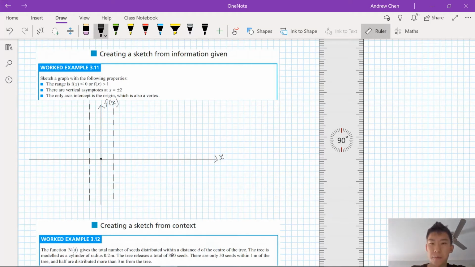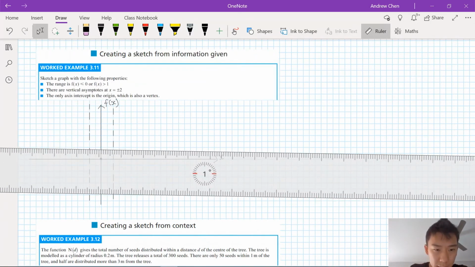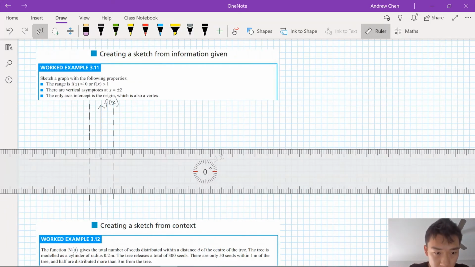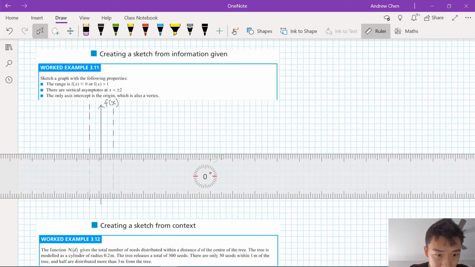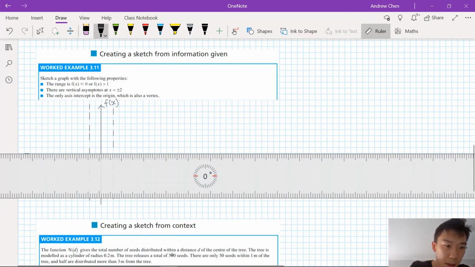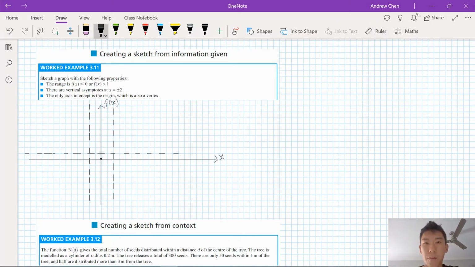So it's almost like I'm going to put another asymptote here, because our graph is not going to equal 1, so it's not going to touch that horizontal line either.